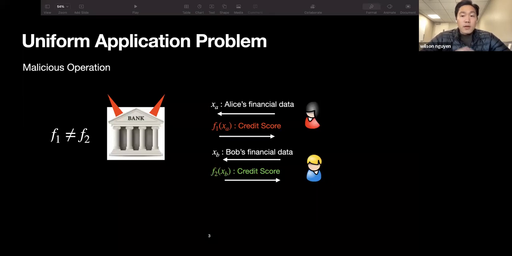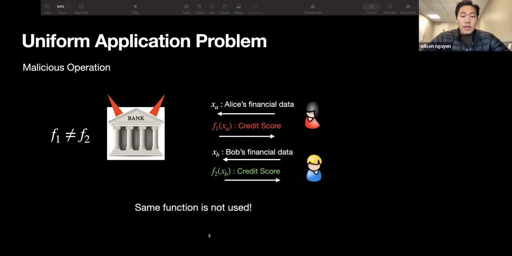And so this is unfair to Alice because she receives a credit score based on a very unfair algorithm, while Bob receives a really positive credit score. So the issue here is that the same function is not being used for both Alice and Bob. So that's an issue of uniform application.